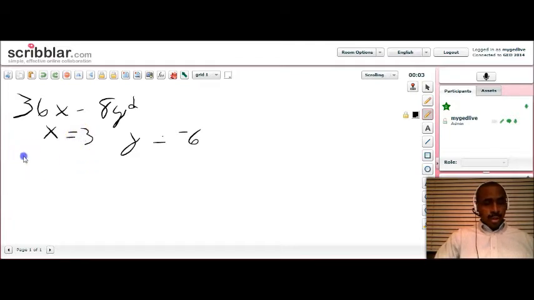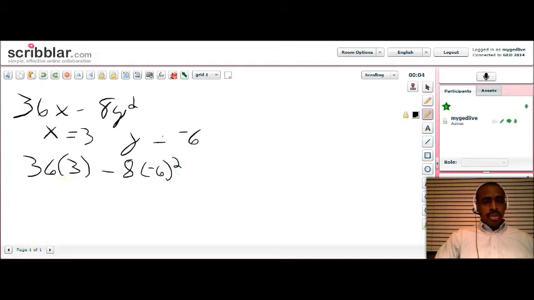We're going to plug in 3 for x, and I'm just going to use the parentheses to indicate multiplication. So we plug in our 3 for that x, and then minus 8, and then we plug in negative 6 for y, and that's squared.